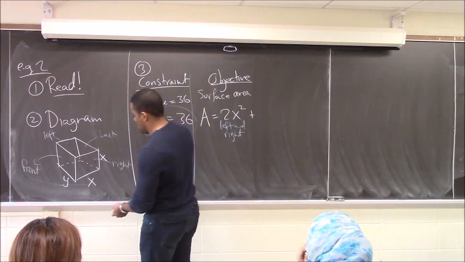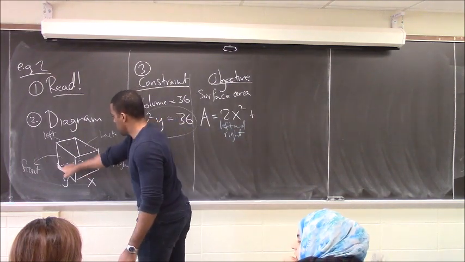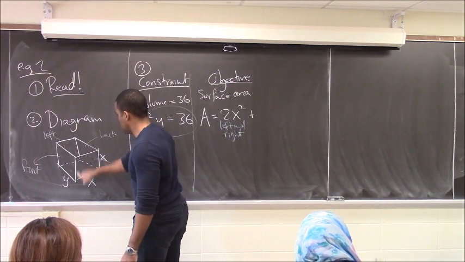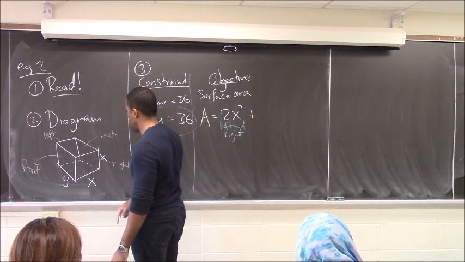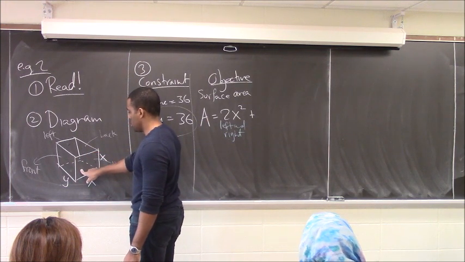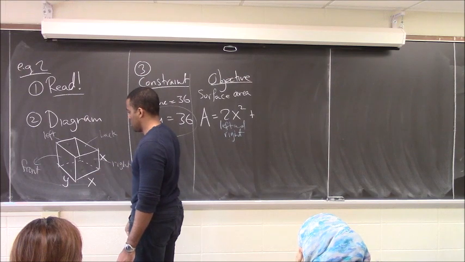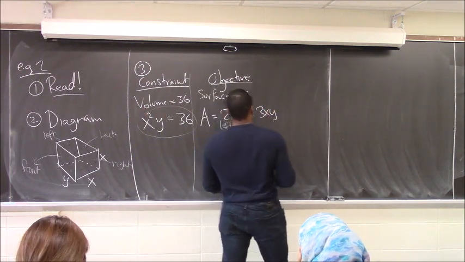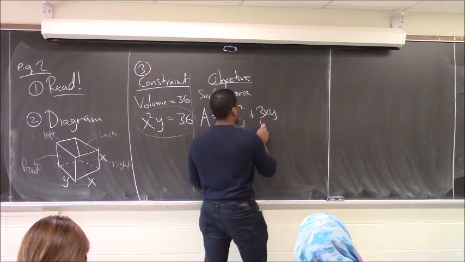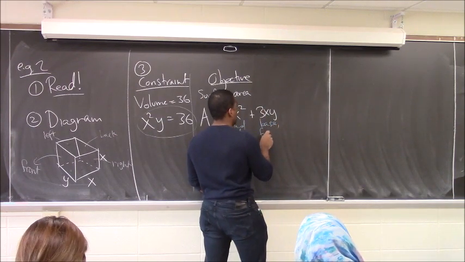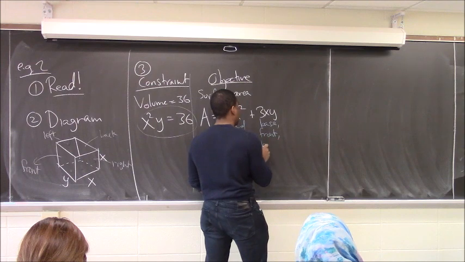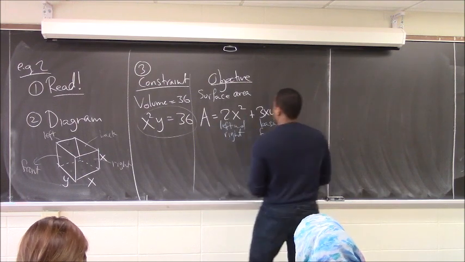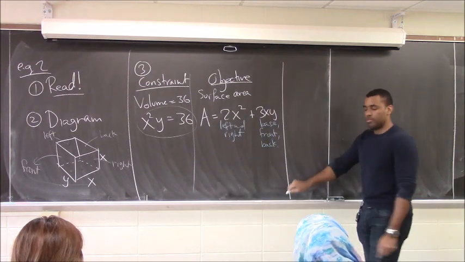So you've got the front and back, that's x times y. Front and back is x times y. Then there's the base though. What is the base? xy. It's also xy. So there are 3 xy's. And that is the base, front, and back. So that is my objective equation.